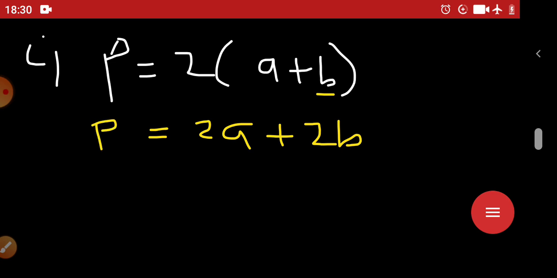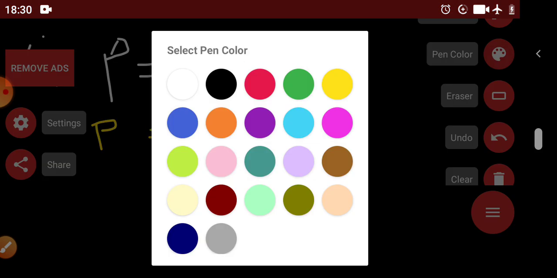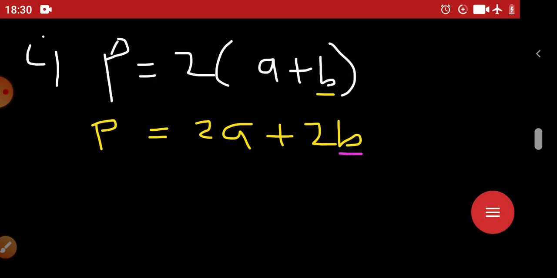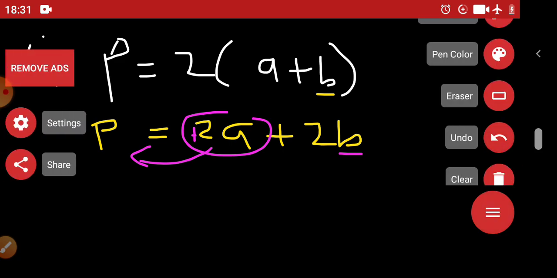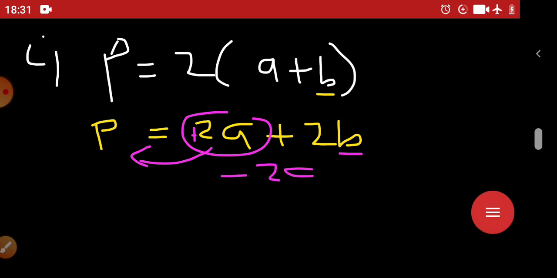Because we need B to be the subject, we can take this to that side, and because here it's positive, we do the opposite. So we need to subtract 2a both sides.